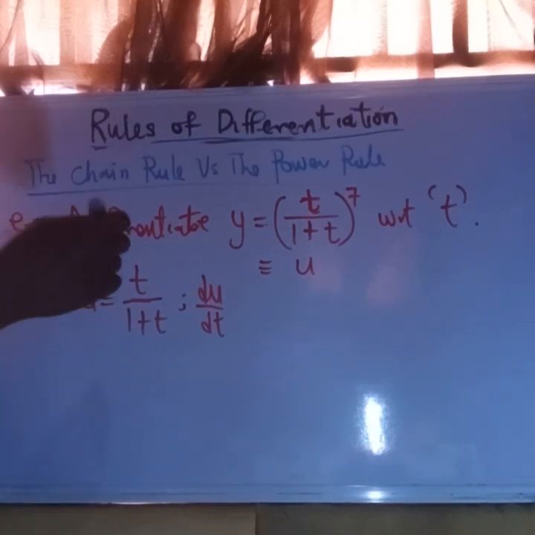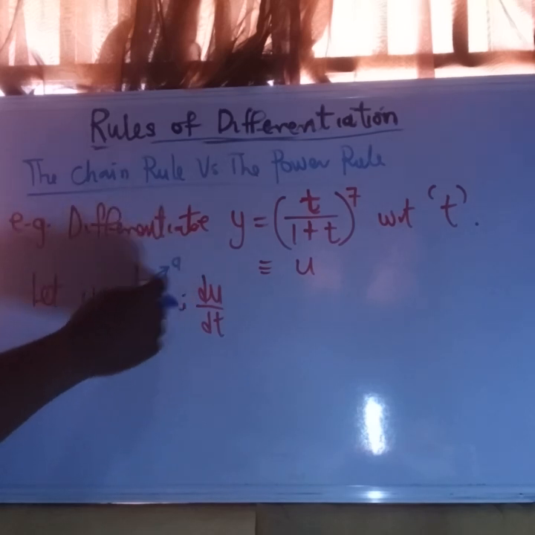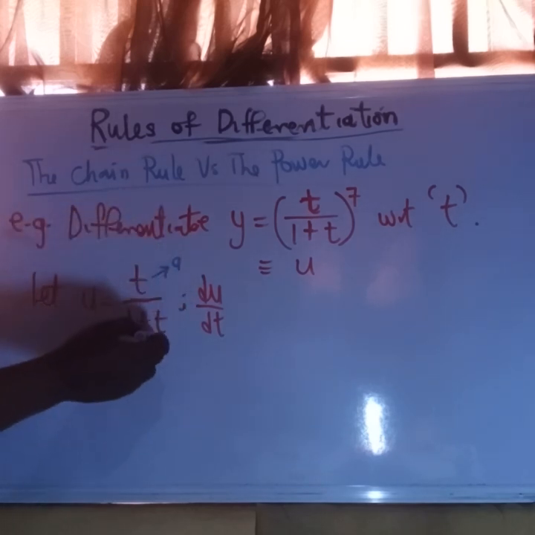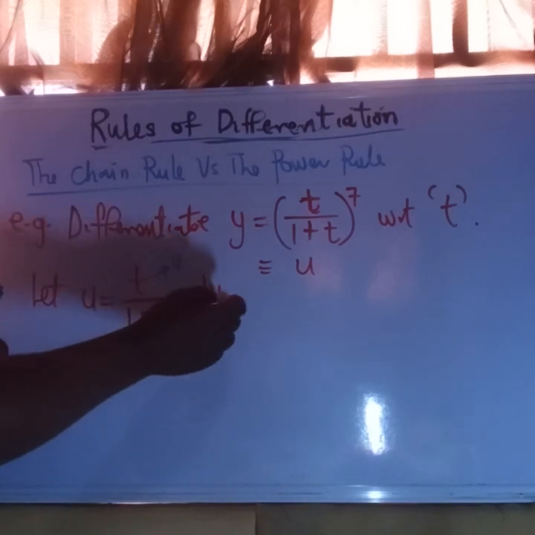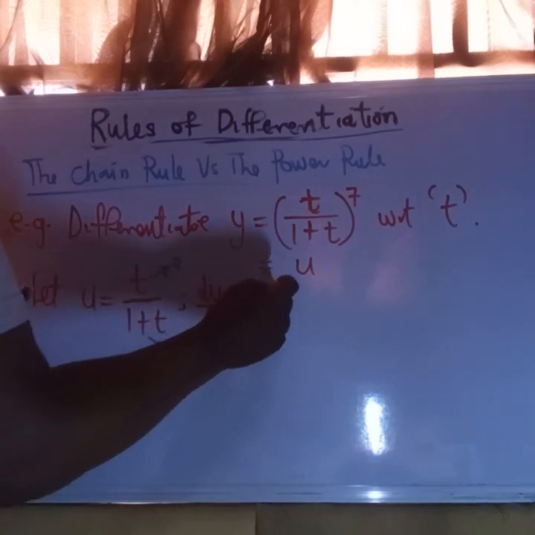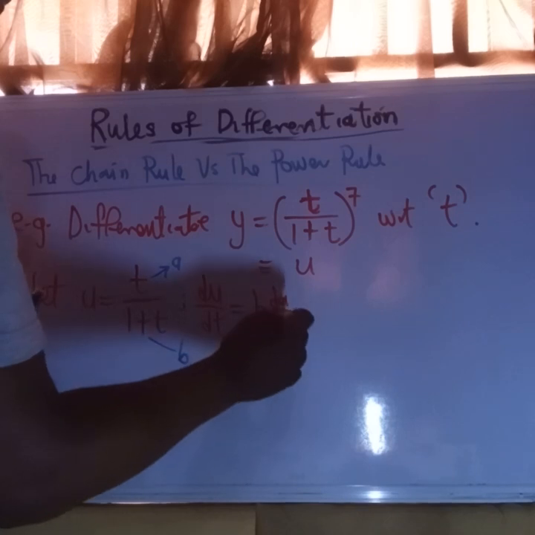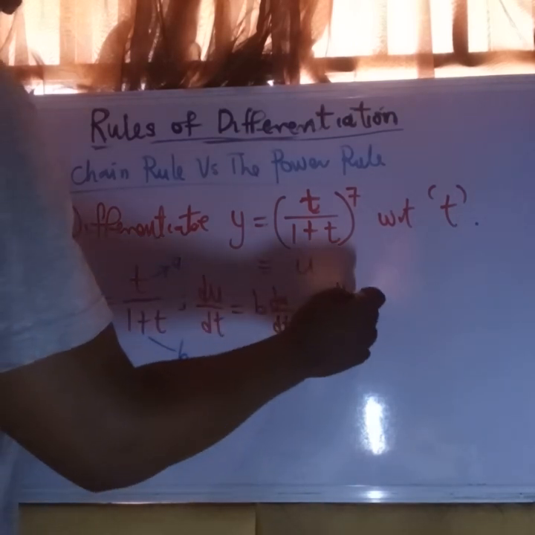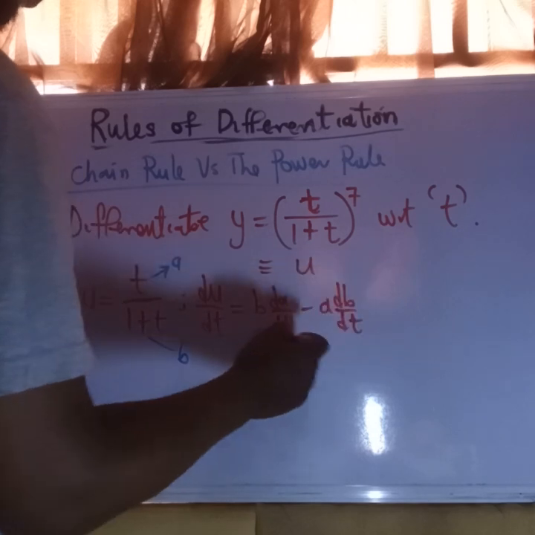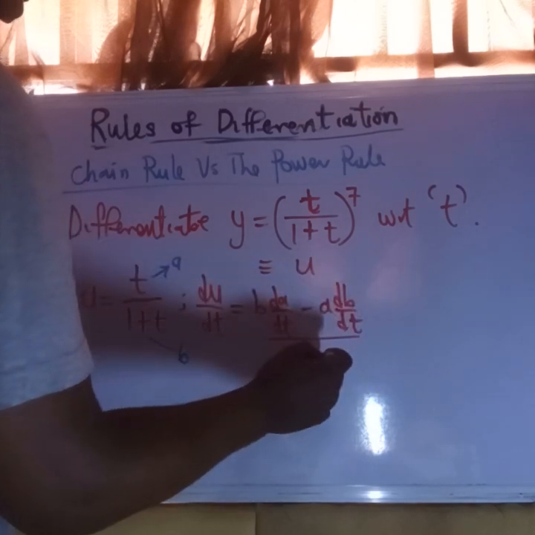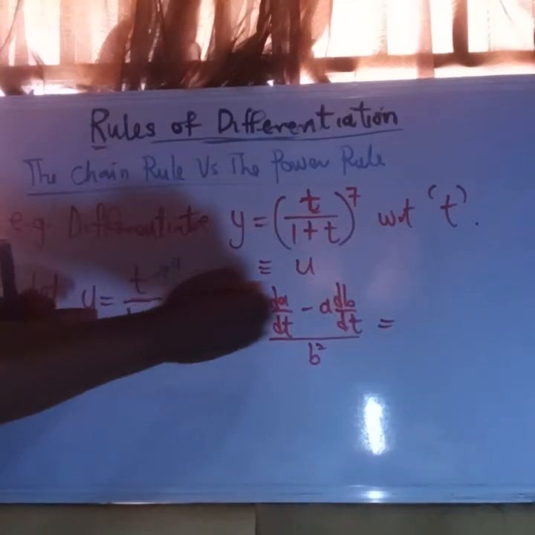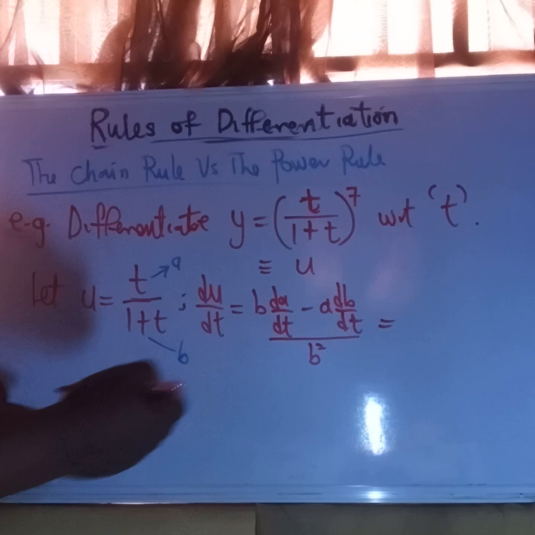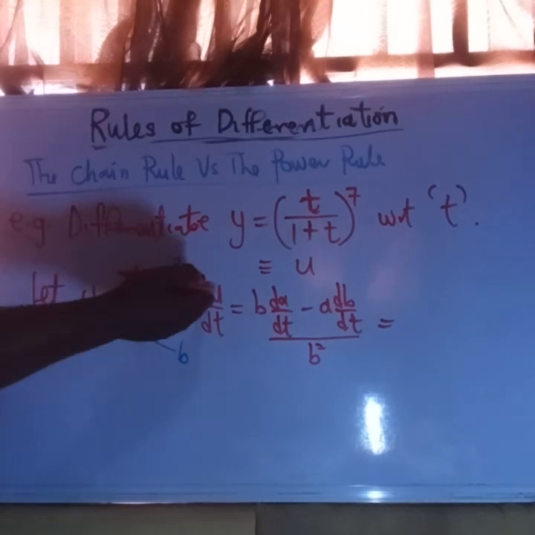So if we say this numerator is A and this denominator is B, the formula for finding the derivative of u with respect to t will be B dA/dt minus A dB/dt, over B squared. Accordingly, we substitute all this into this formula, and we'll be able to get the derivative of u with respect to t.